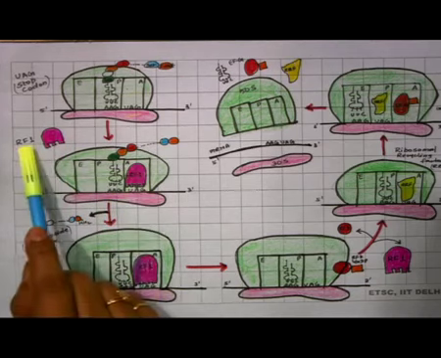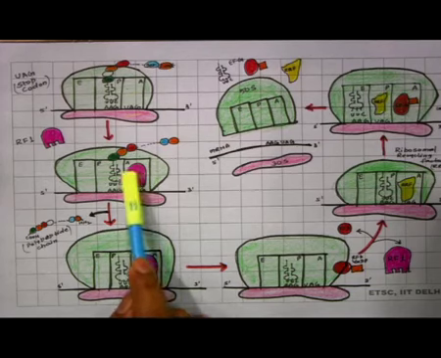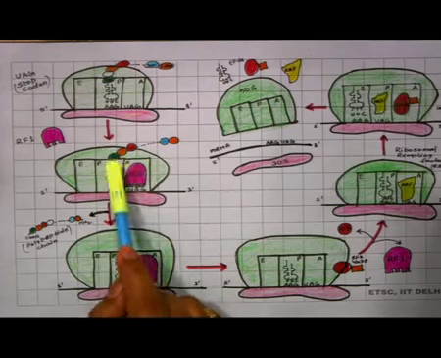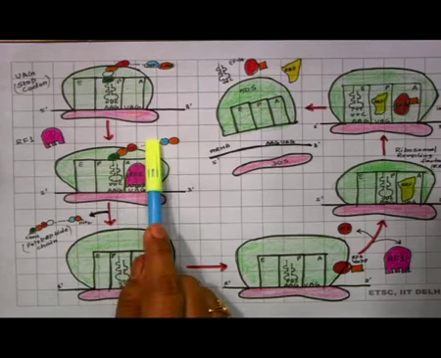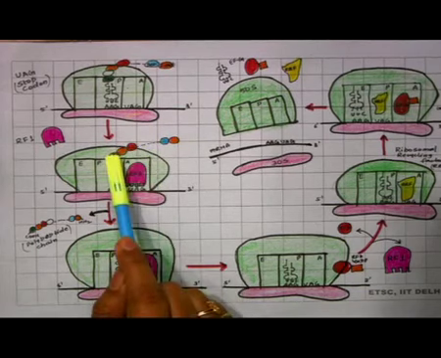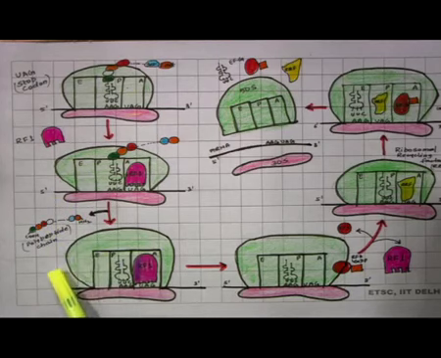After the combination of the release factor at the A site, it will trigger the peptidyl transferase enzyme, and the peptidyl transferase enzyme will break the bond between transfer RNA and the polypeptide chain, and because of the breaking of the bond, this polypeptide chain will be released from the ribosome and reach the cytoplasm.